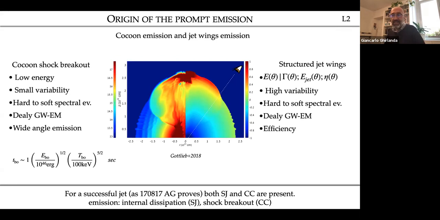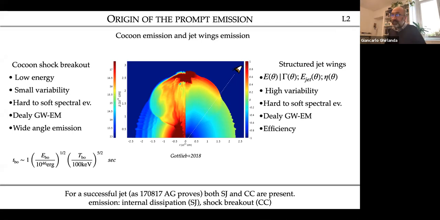In that case, the delay is simply due to the time needed for the cocoon to reach its transparency, which is basically its breakout radius, represented here by this equation. The time of the breakout of the cocoon is of the order of 1 second for typical energetics and temperature of the material itself.